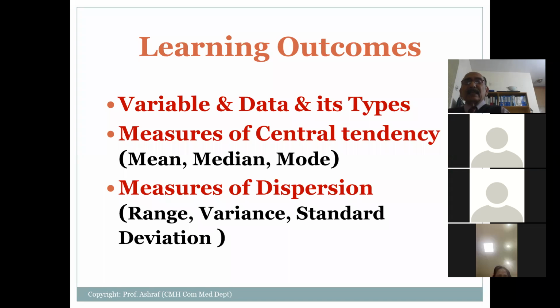If you know correctly what type of data, what type of variable is in your study, then you know when you should calculate mean, when median, when percentage, when frequencies in your study. These are called measures of central tendency, and then measures of dispersion: how much dispersion is in your data, in the form of range and standard deviation.